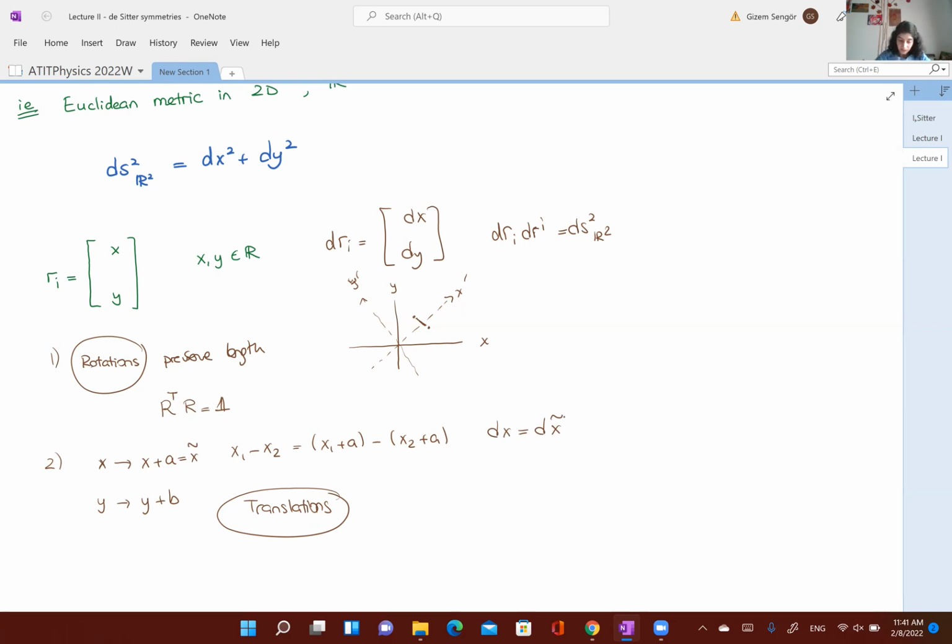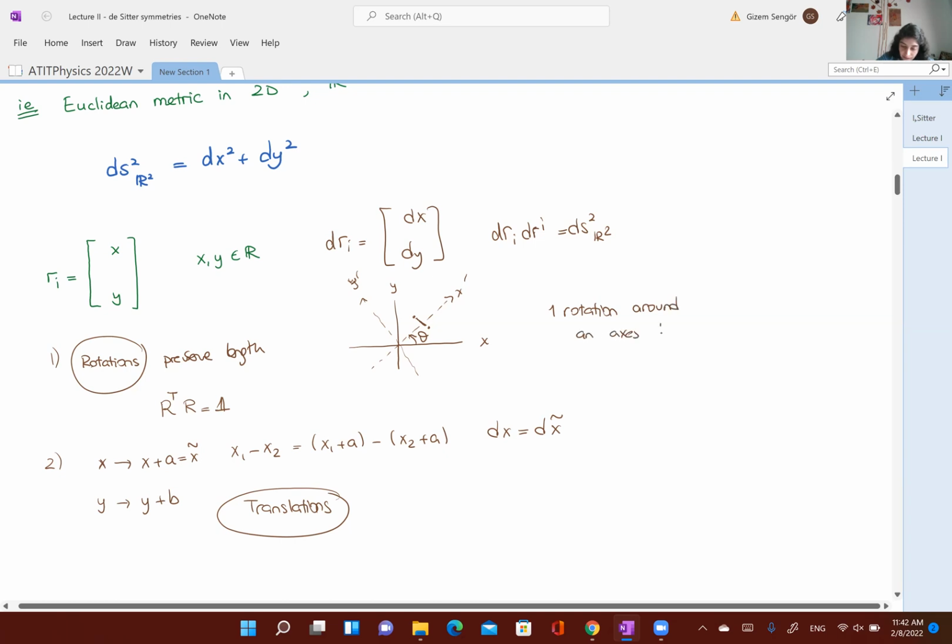Now we found 2 types of symmetries. Here we are rotating our surface around the direction perpendicular to the surface. So we can parameterize this by an angle, theta. There's just one plane to rotate around, so there's just one rotation around an axis perpendicular to the plane.